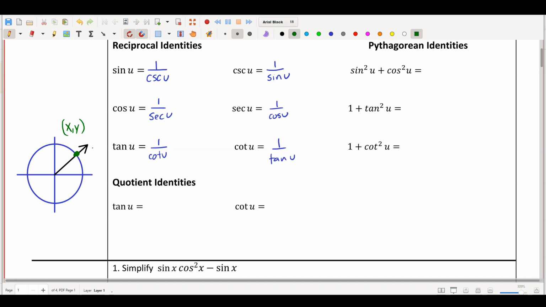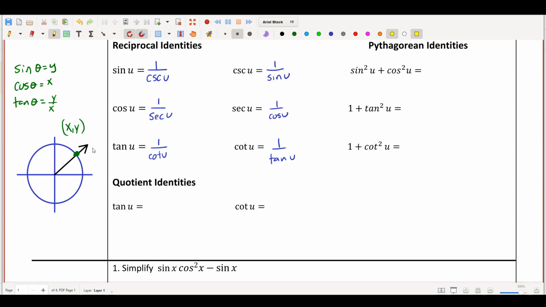The sine of an angle was always the y value. The cosine of an angle on the unit circle was the x value. The tangent of an angle was always y divided by x.